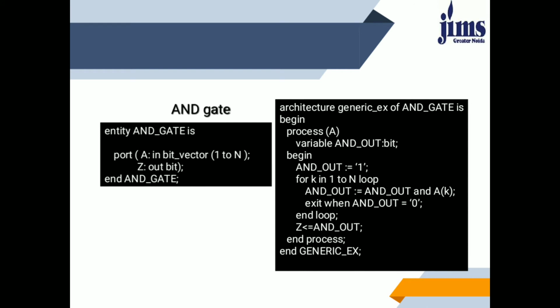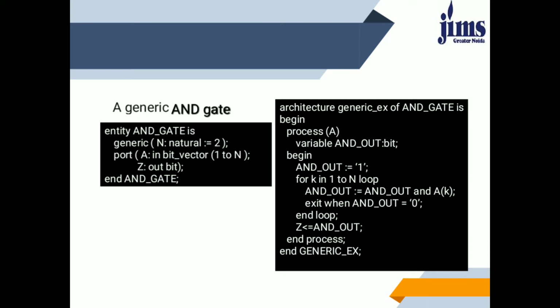It should be written in the entity or in architecture like generic, under bracket, generic name, colon, its type, then it should be initialized. Like I have defined here. Look, I am writing a generic for an AND gate.